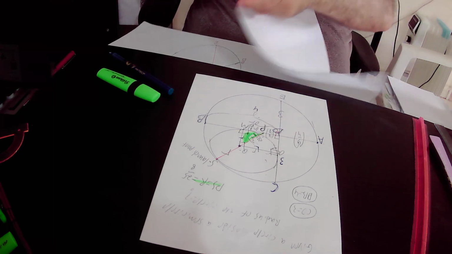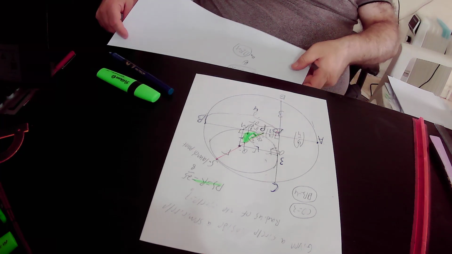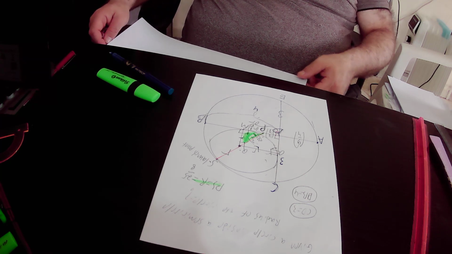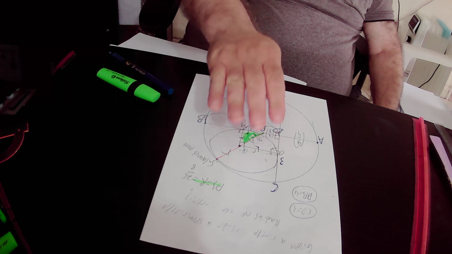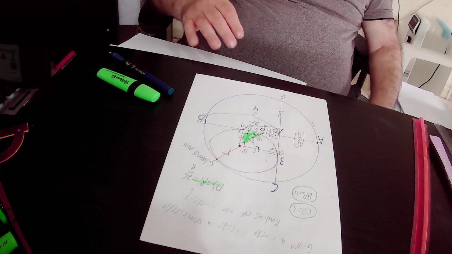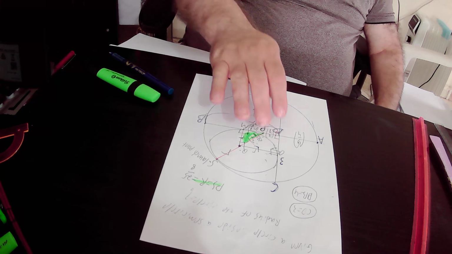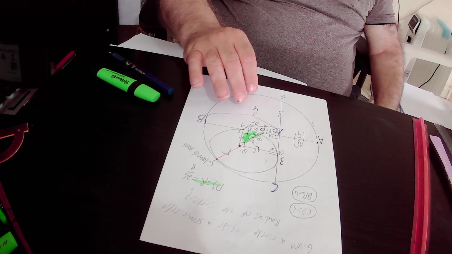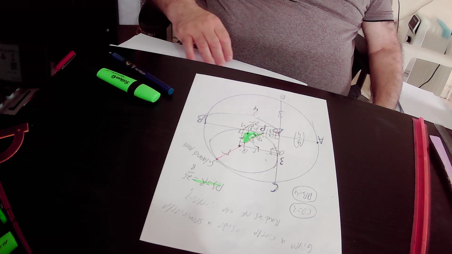So if CE is a straight line, we have the rule that the sum of the angles on one side of the straight line is equal to 180 degrees. So if we focus on this side of the straight line CE at point D, then the sum of the angles at this side of CE at point D must be equal to 180 degrees. Okay?